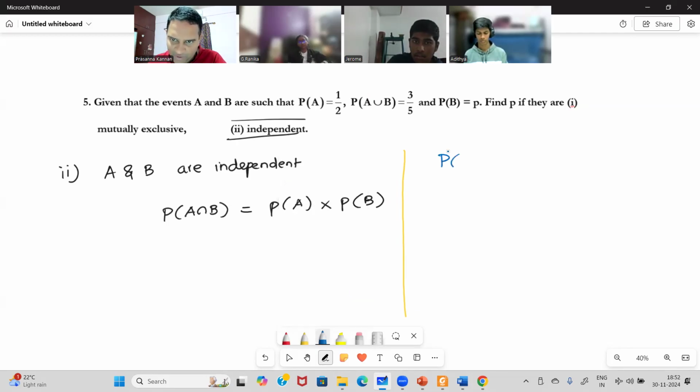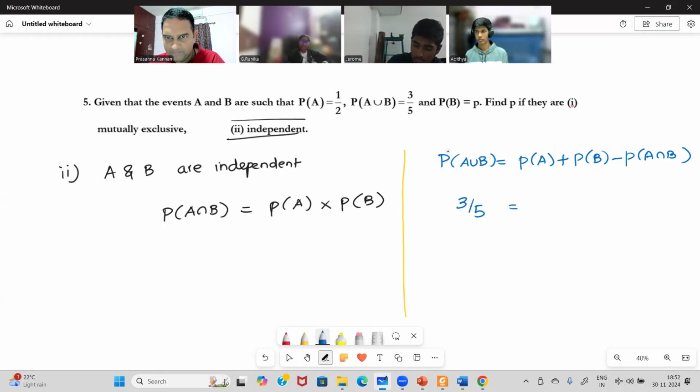What is the formula for P of A union B? It's P of A plus P of B minus P of A intersection B, sir. Correct. Now, what is P of A union B? 3 by 5, sir. What is P of A? 1 by 2. What is P of B? P, sir. And P of A intersection B, I don't know at this time, right?